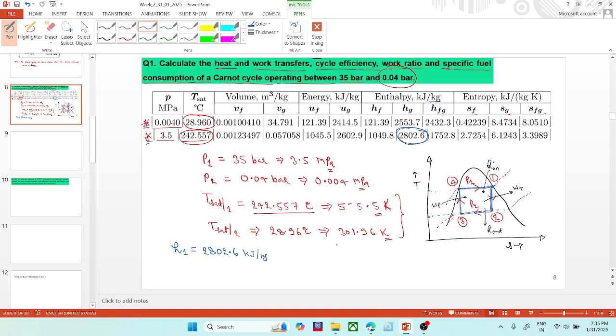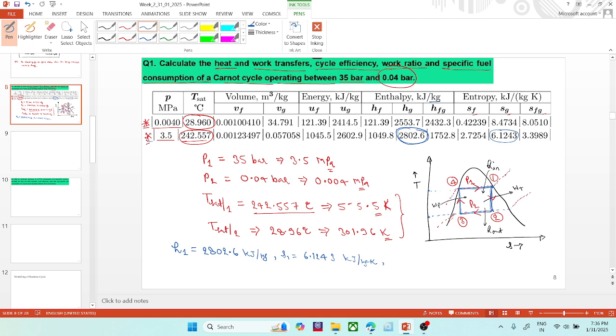At point 1, we also have to take the value of the entropy. So at pressure P1, the entropy of the gaseous phase Sg is 6.1243. So S1 is 6.1243. The unit is kilojoule per kg Kelvin.